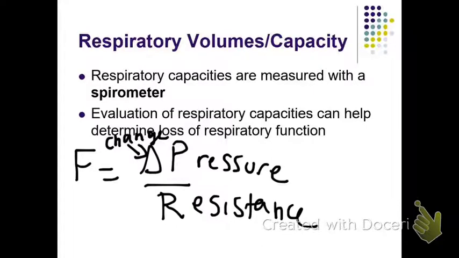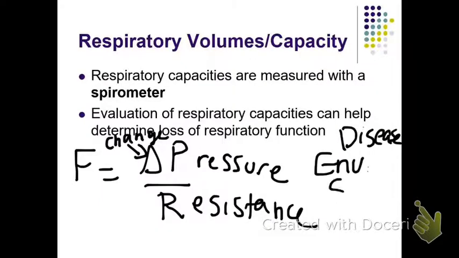And the resistance could be a physical factor such as friction or a non-elastic source. And the elasticity of the lung can be impacted by disease such as cystic fibrosis or asthma, or environmental factors such as smoking.